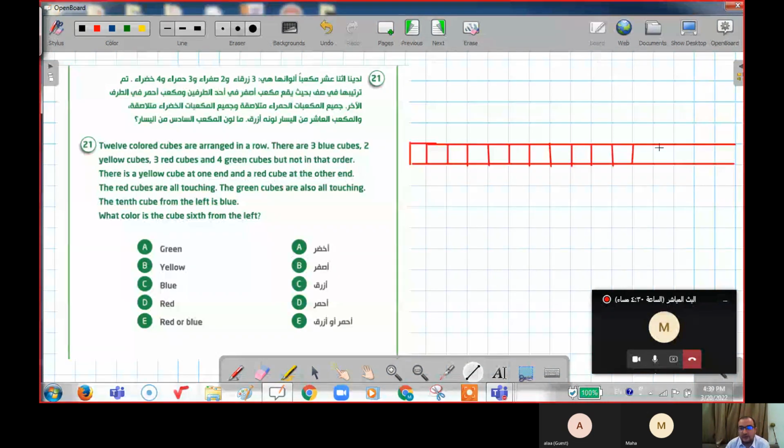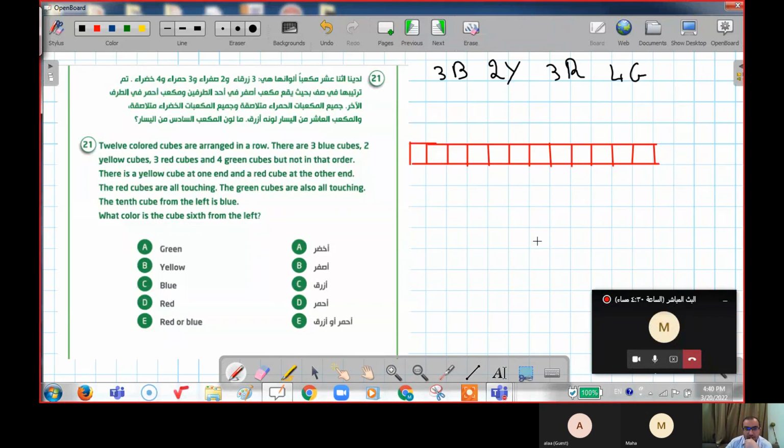Now we have 3 blue, 2 yellow, 3 red, and 4 green. Okay, Maha? So this is the given.